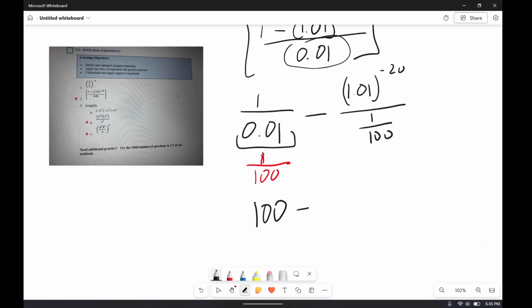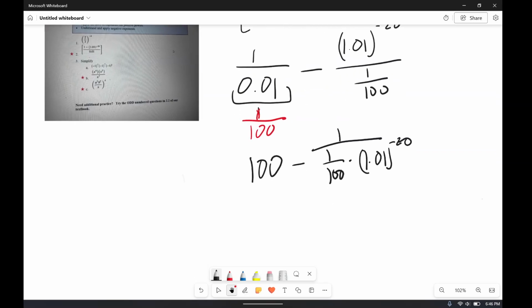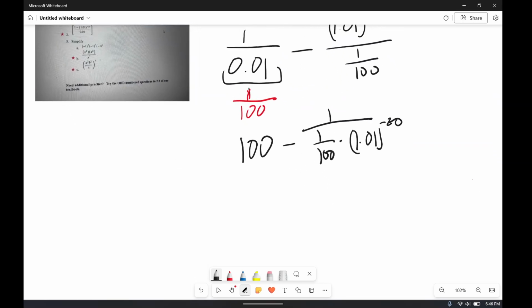So what I'm going to do is bring that down as 1 over 100, and then times 1.01 to the negative 20th power, just like that. So now we see that we can just flip it. So this will just be 100. And then we have this.